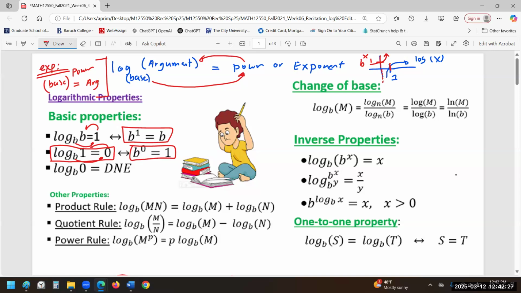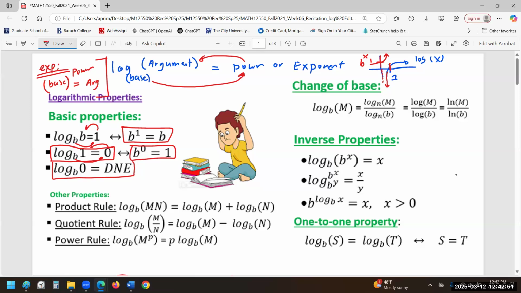We have a vertical asymptote at x equals 0. So that's the third one: log 0 doesn't exist. The base doesn't matter. As long as your argument is 0, it always doesn't exist.